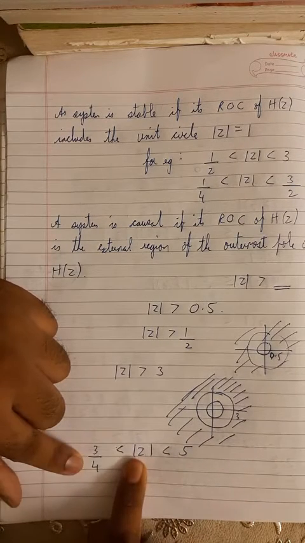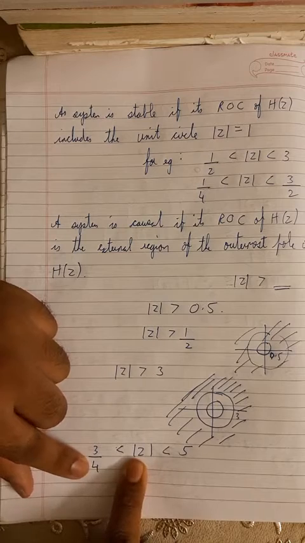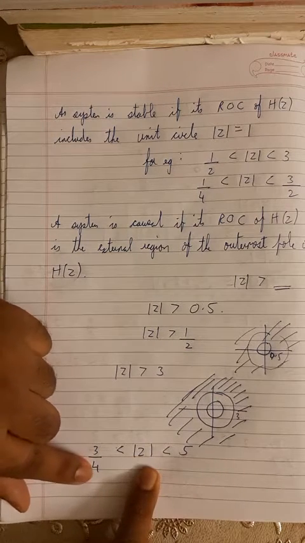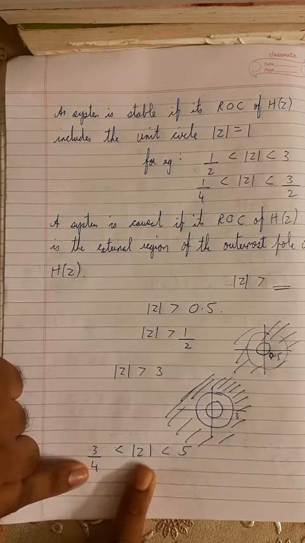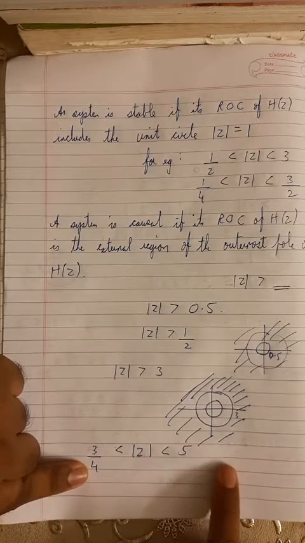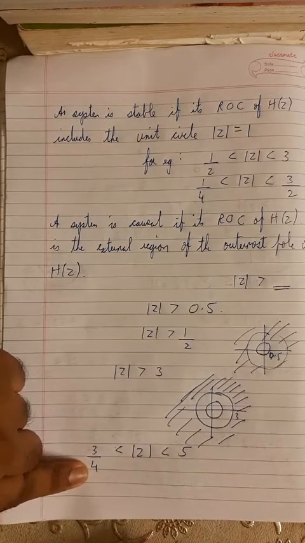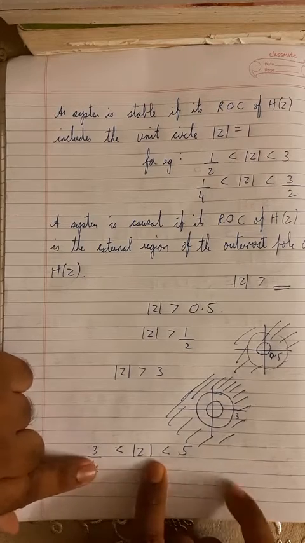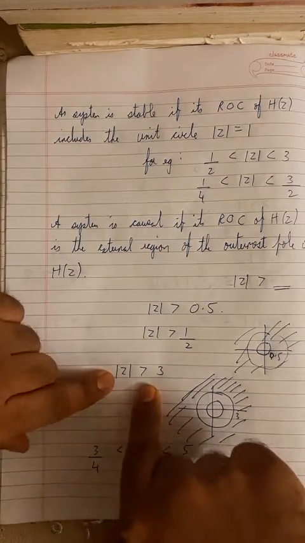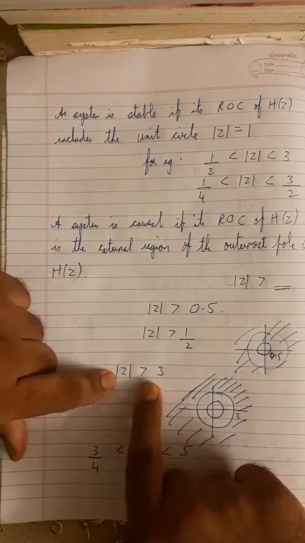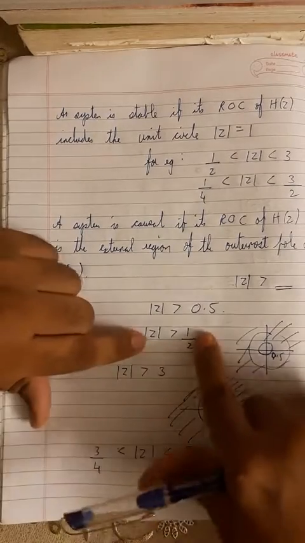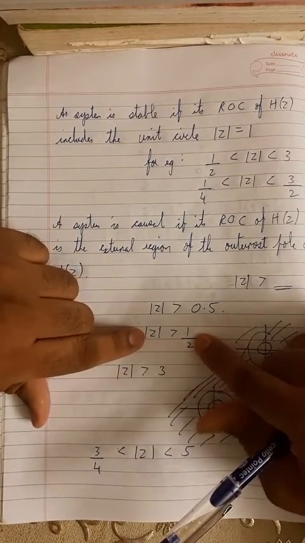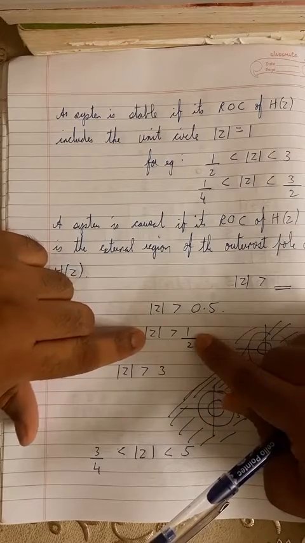But this is not a causal system, because a causal system should have magnitude of z greater than 5. So this is a stable system but not a causal system. This one is a causal system but not a stable system, whereas the first one is both stable and causal.